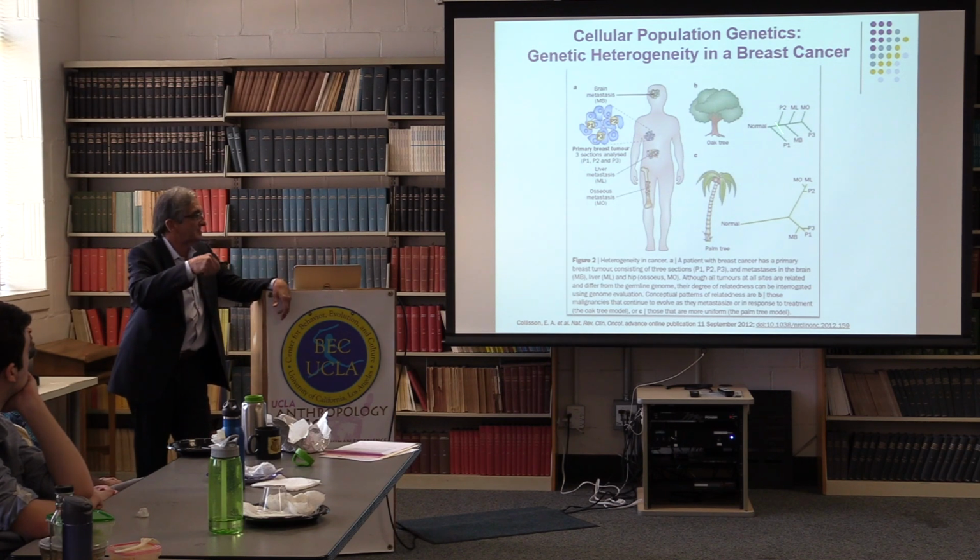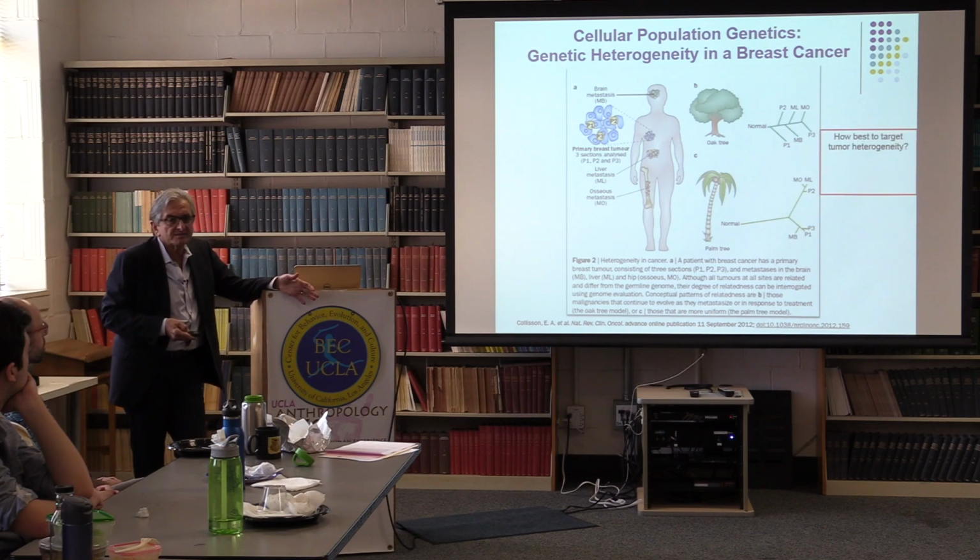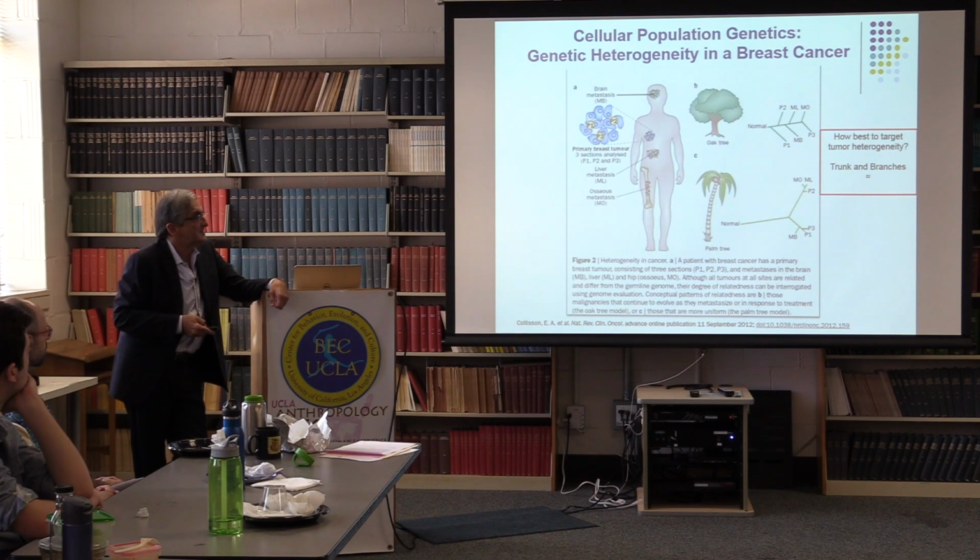In this realm, people start talking about palm tree cancers versus oak tree cancers in terms of how much diversity there is. So how do you target that kind of diversity, the trunks and the branches? I think it's going to require multiple pathways of attack.